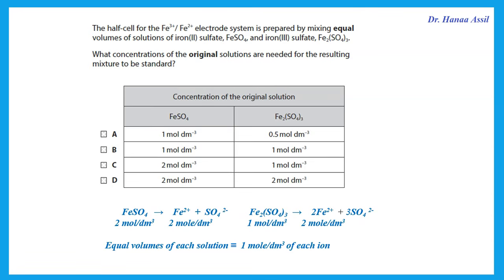But the iron 3 sulfate, I should start with a solution that's 1 mole per decimeter cubed, so that the concentration of the iron 3 plus is 2 moles. Then when I mix equal volumes, each of them would be diluted by half. So the concentration of each of the ions would be 1 mole per decimeter cubed.